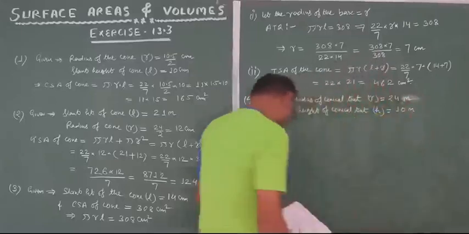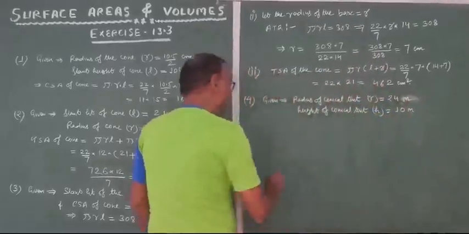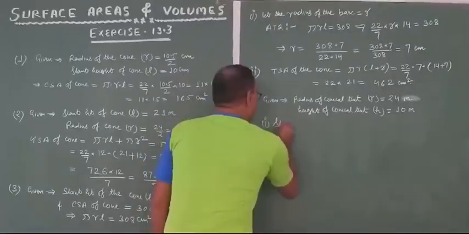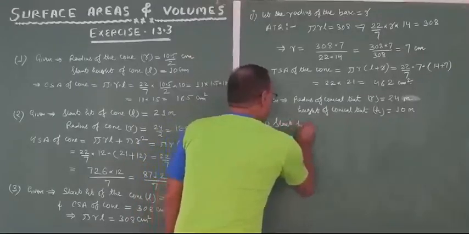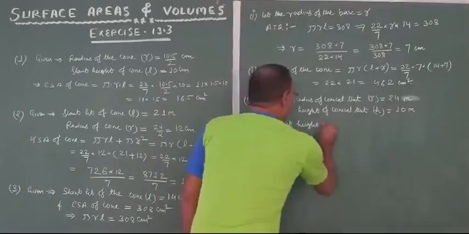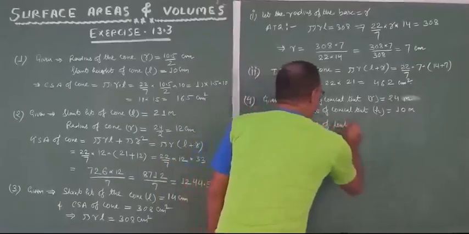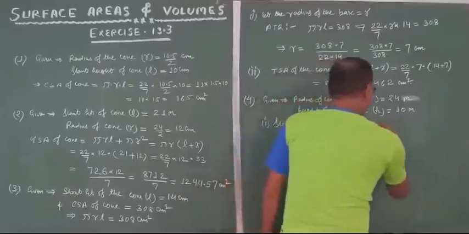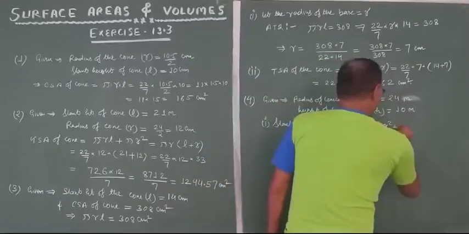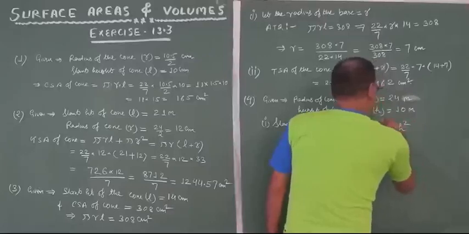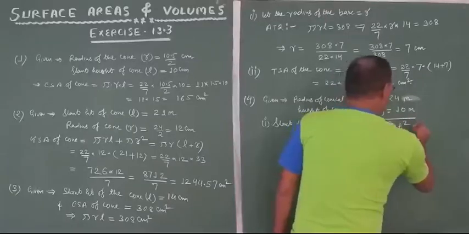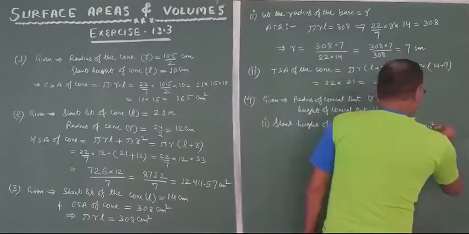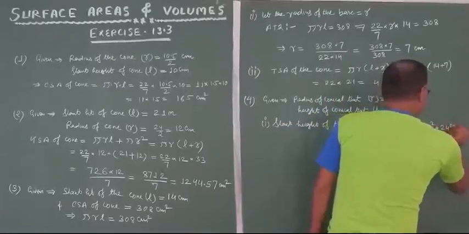The first part is this. Find the slant height of the tent. Slant height of tent, that is L. L is given by under root R square plus H square. When you will solve this, you will get 10 square plus 24 square.